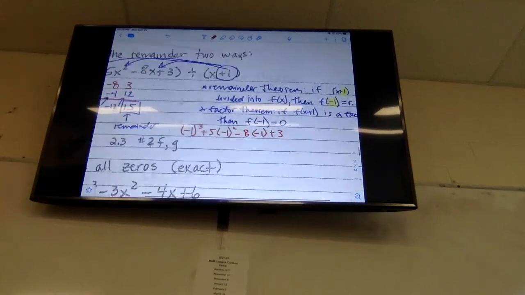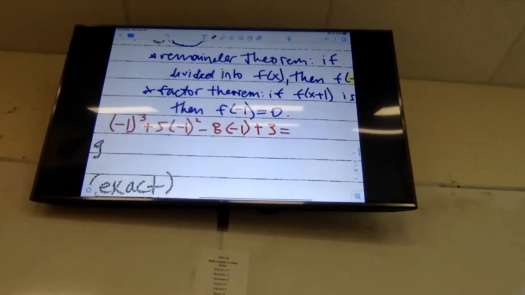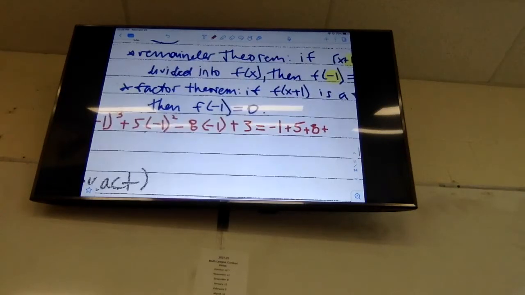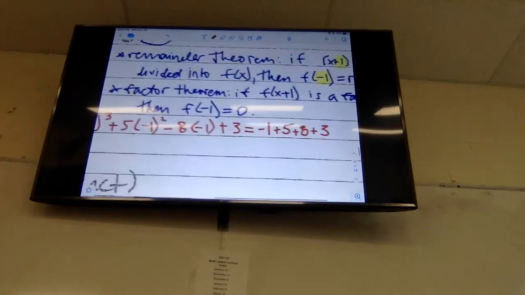That's -1, 5 times -1 squared, we have to square first, that's just +5. -1 times -8 is +8, and then plus 3. And -1 plus 5 is 4, 4 plus 8 is 12, 12 plus 3 is 15. Perfect.